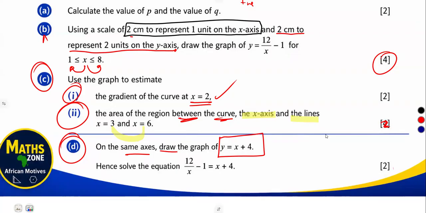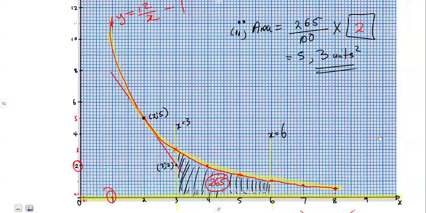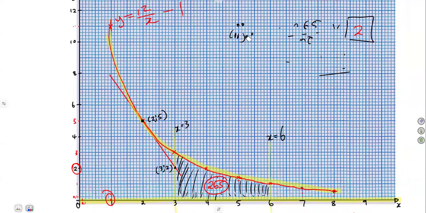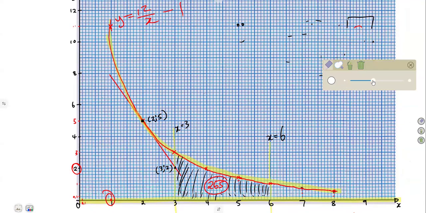Double intercept would give another value that is negative, and we do not have negative values, so you can focus on the table of values method, or one point and a gradient. Using the table of values, we're going to draw the line of y is equal to x plus 4.